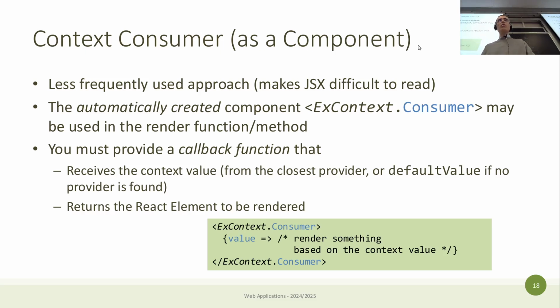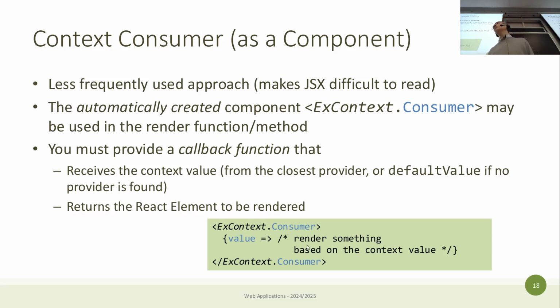So there is also an additional way of consuming the value. It's less commonly used because the way with the hook is very simple to write and to read, to understand. But just for completeness, sometimes you might find this syntax. There's a component you can put in the JSX, the context.Consumer, but then you need to define a function that takes as a parameter a value, and it gives you some JSX that is basically what you need to render.